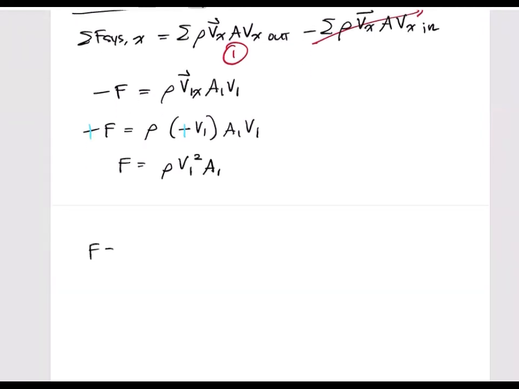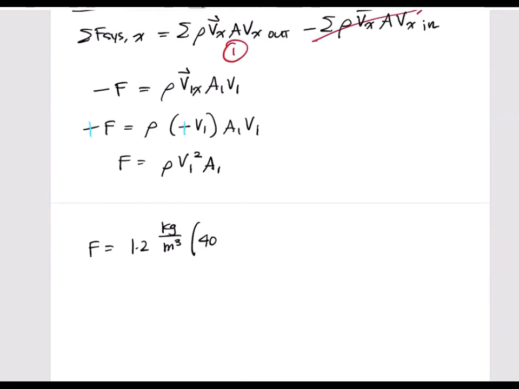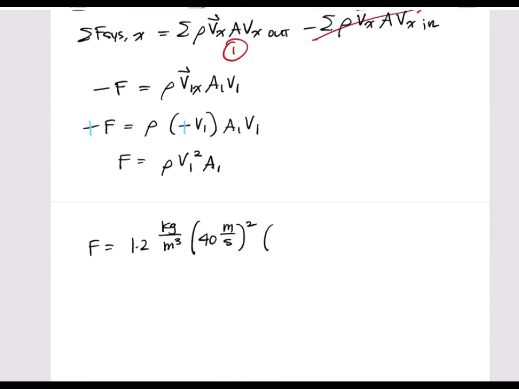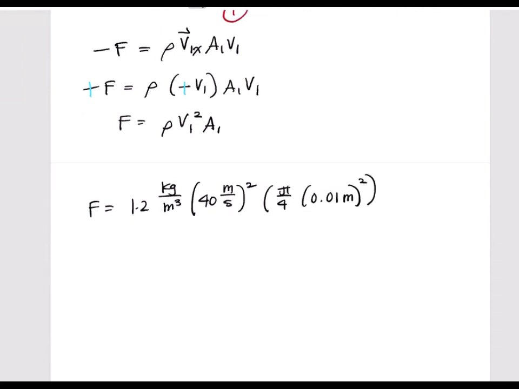So plug and chug. This is going to be 1.2 kilograms per meter cubed multiplied by V1, which is 40 meters per second, quantity squared, multiplied by A1, which is going to be pi over 4 multiplied by 0.01 meters quantity squared, because it said 1 centimeter, get it into meters.